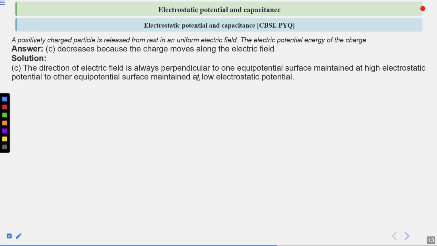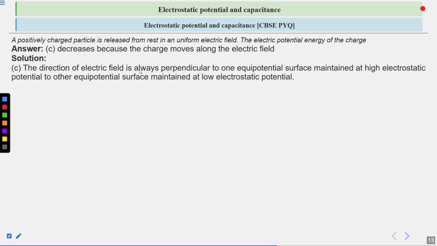If there were a tangential component, we would have to do work to move a point charge on the equipotential surface, which would violate the rule. On an equipotential surface the potential is constant all over, so we don't have to do any work. So the electric field must be perpendicular to the equipotential surface.